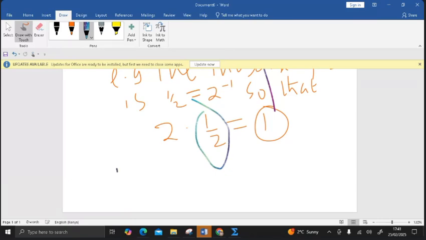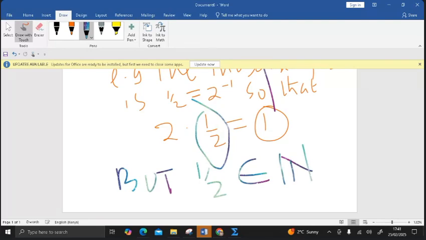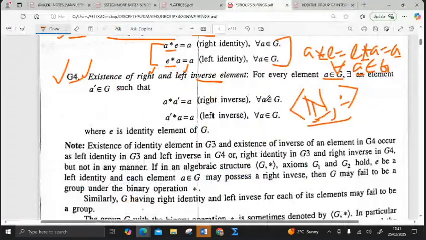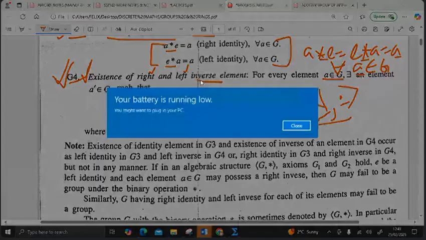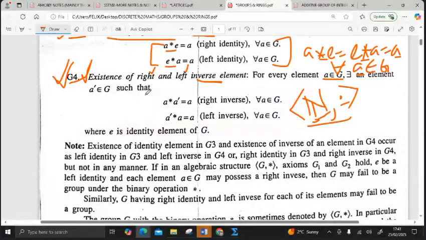This should be equal to 1, which is the multiplicative identity. So this should give you the multiplicative identity. But now the problem is in here. A half is not a natural number.